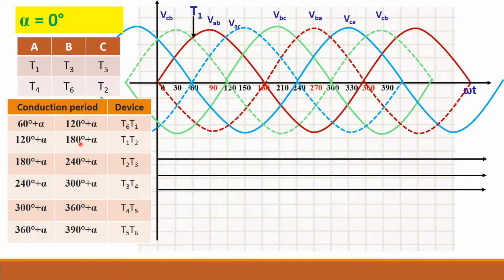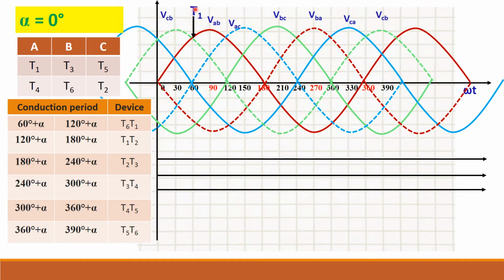For the next combination, add 60 degree to this one, so it becomes 180 degree. So follow the same pattern. If you want more detail in this, you go and refer to the power electronics video, 3-phase converter video. You can get all the details.